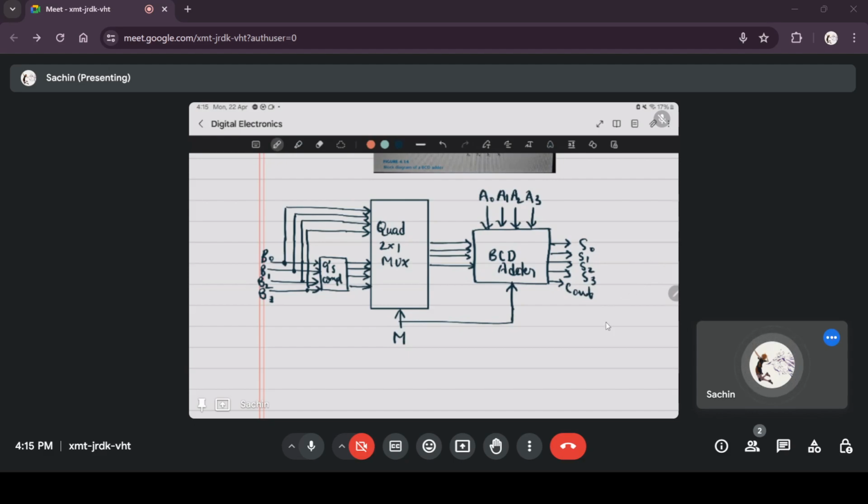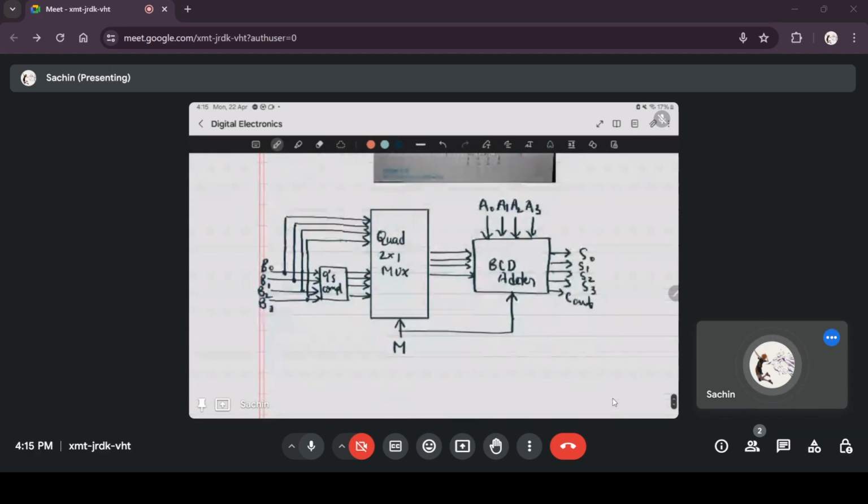So that is how, similar to binary addition, you can get a full adder BCD also using the same logic.